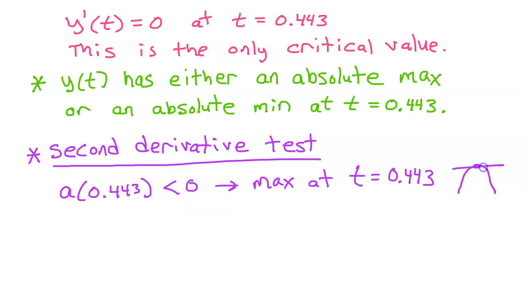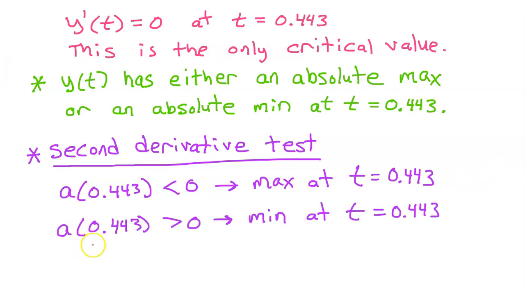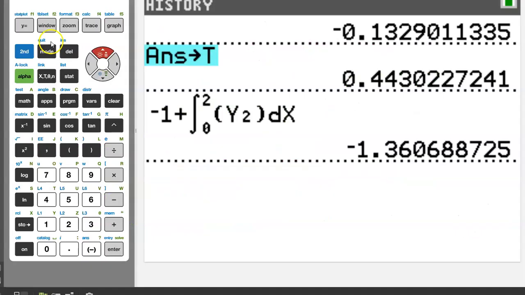So the horizontal tangent line is at a max. On the other hand, if the second derivative is positive at 0.443, that implies that there is an absolute min at that value, because if the second derivative is positive, it means that the function is concave up, which means that the horizontal tangent line is at a minimum value.